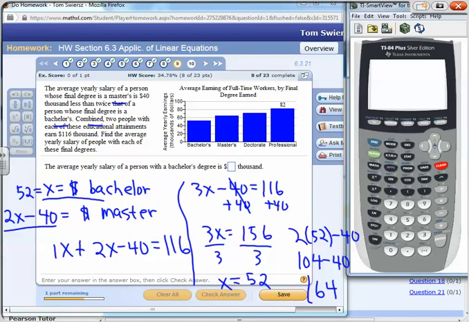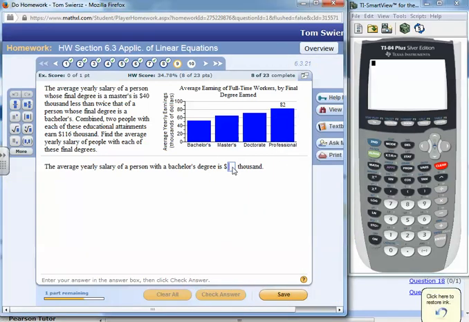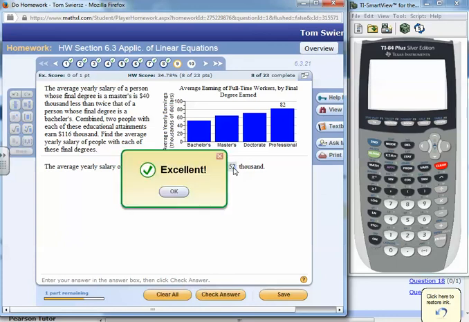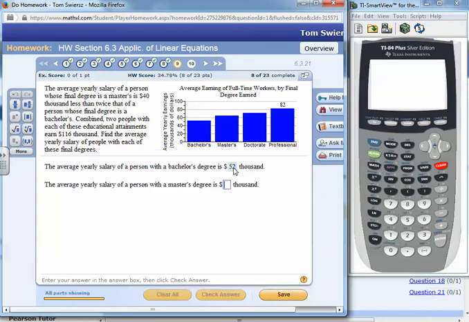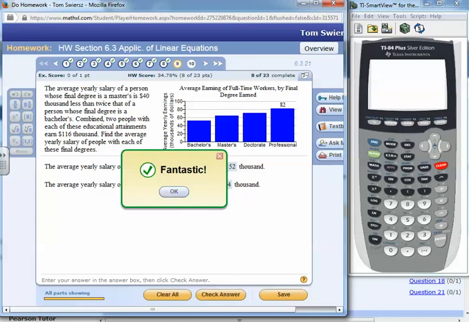So the master's is 64, and the bachelor's is what? 52. Okay? So we'll put that in: the bachelor's was 52, and the master's we got was 64.